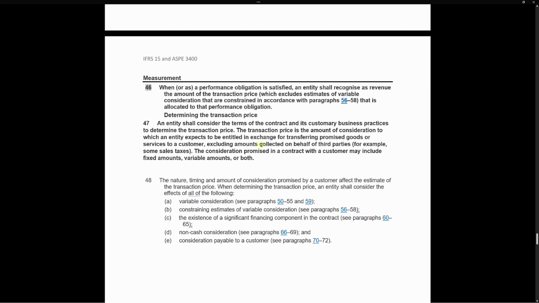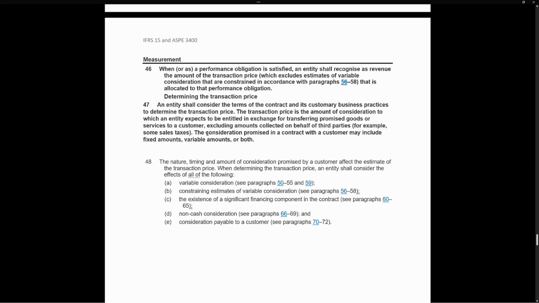The amounts collected on behalf of the third party, like some sales taxes. Maybe in your RevRec AO, you see a part that says, okay, the sales tax that's been already paid is included in the amount of the transaction. And you should know that whatever has been collected on behalf of a third party, like some sales taxes, should be excluded from the transaction price.